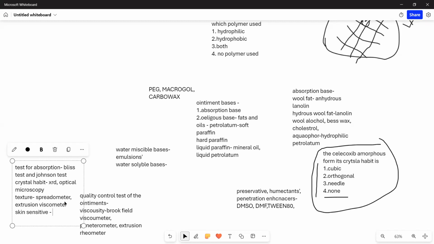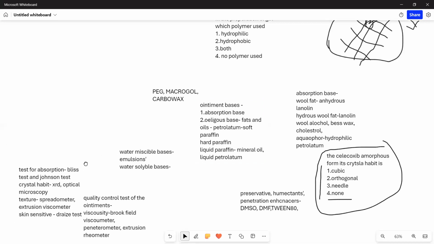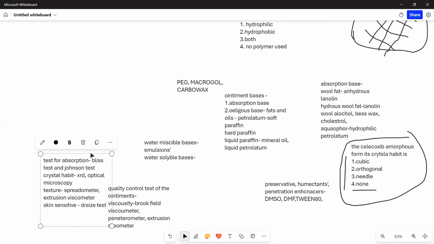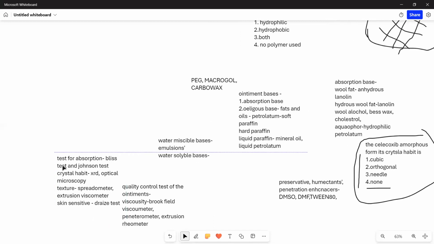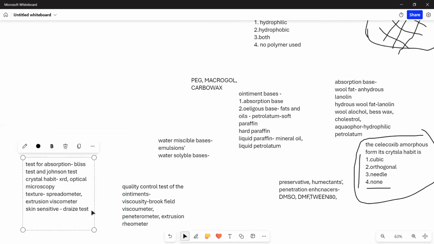Have you heard the name Draize test? Which animal is used in the Draize test? Yeah, rabbit. Great, guys. The other test is the open epicutaneous test.